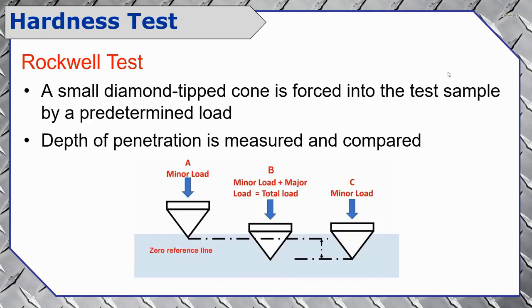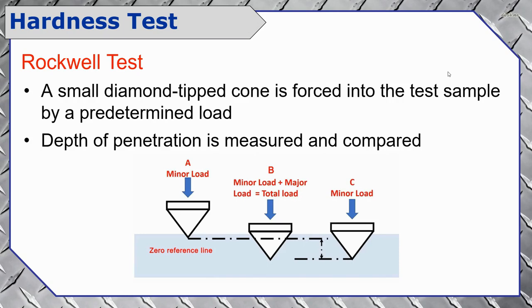The Rockwell hardness test is really similar, except instead of the tungsten carbide ball, we have a pointed diamond tipped cone that's forced into the test sample by a predetermined load. Again, the depth of that penetration is going to be measured and compared with other materials to determine how hard that material is.